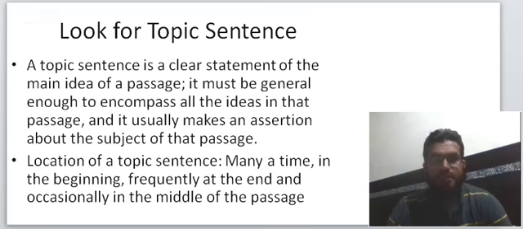Many a time it can be found in the beginning, as in the passage we just read, but frequently it is found at the end of the passage as a sort of conclusion to the passage, and sometimes in the middle of the passage. So there is no hard and fast rule about the location of a topic sentence. You have to read things carefully in order to be able to spot the main idea.